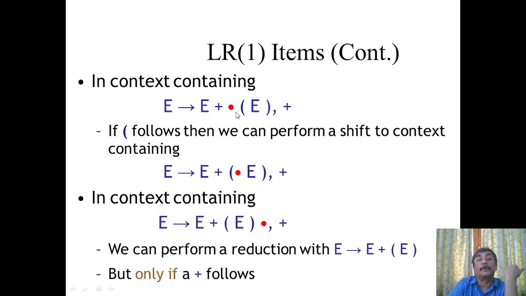And if I do a shift operation, nothing much changes as far as the look ahead is concerned, because ultimately I was expecting this thing followed by plus and followed by the remaining part of the string of the sentence. That does not change if I go over this dot.